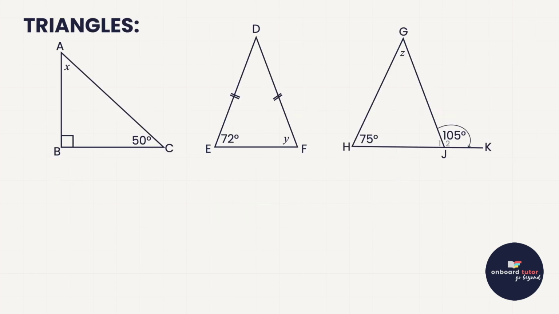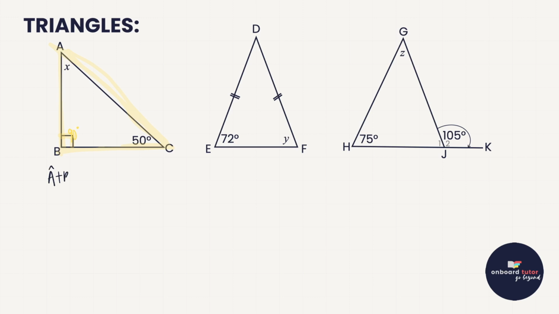Now let's solve some triangles. If ever you see this little shape here, know that that means 90 degrees. In this triangle here, I'm looking for X, and I've been given 90 and 50. So I've got a full triangle here. And what do we know about the angles of a triangle? They add up.